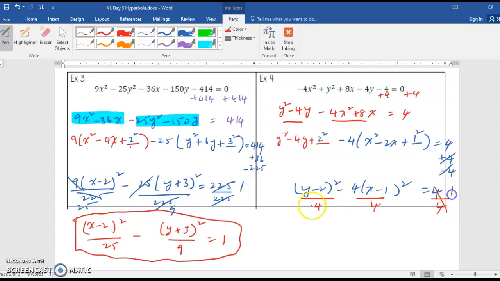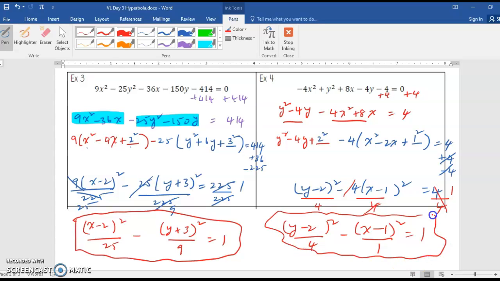So on the right it will be 1. Now the final equation, 4 cancels, is y minus 2 squared over 4 minus x minus 1 squared over 1, because it's always better to write a 1 for the sake of deciphering information from this, equals 1. So this is the final equation.